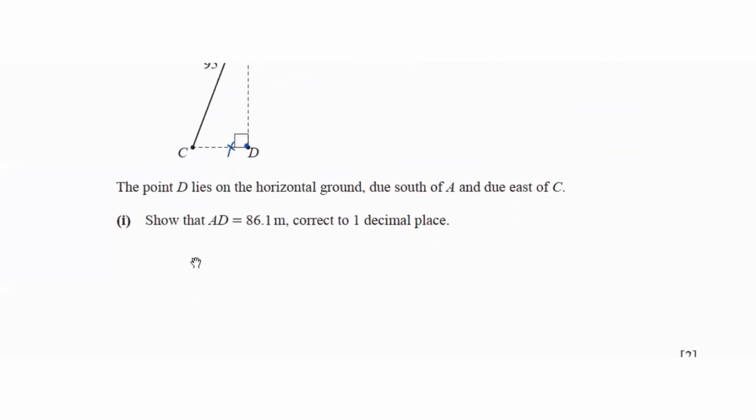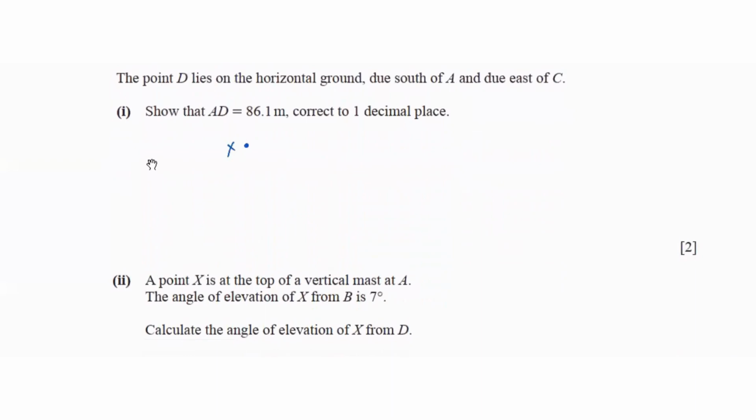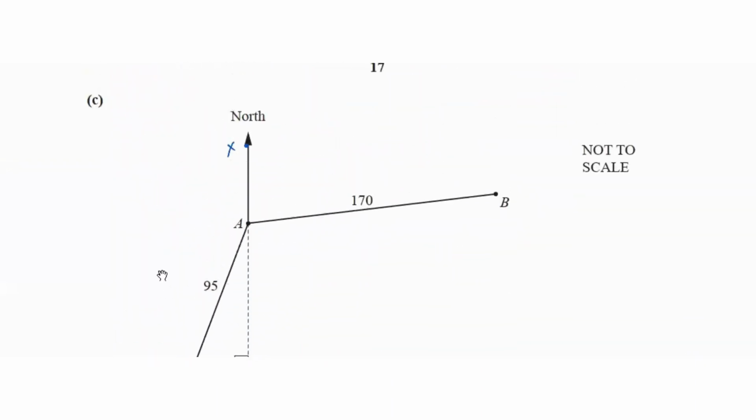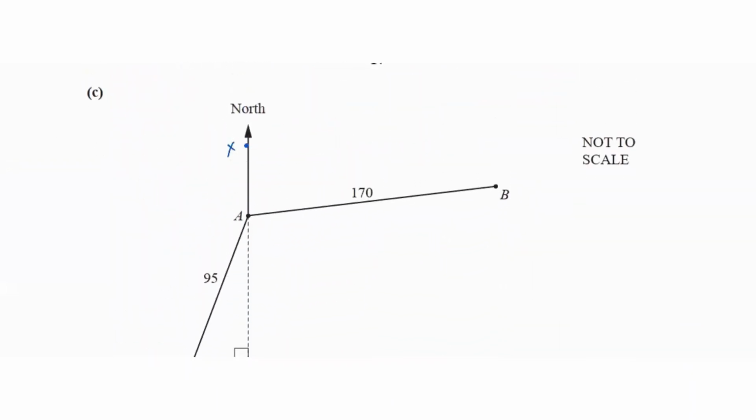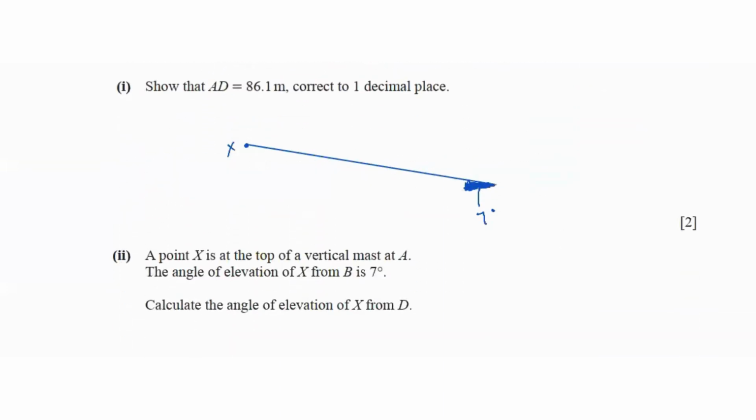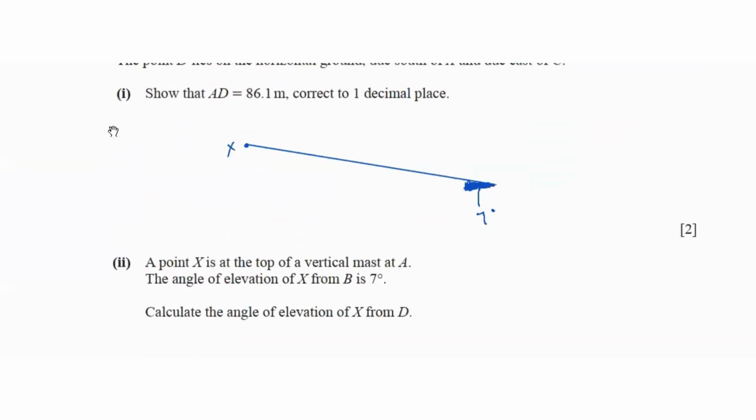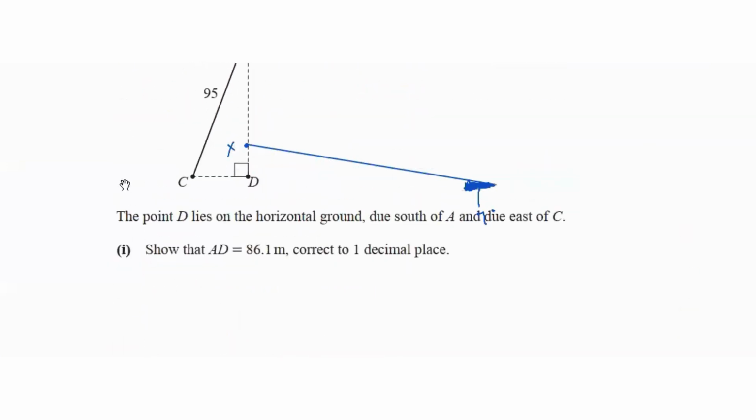And they're saying that the angle of elevation of X from B is 7, so this angle is 7 degrees. And then they're saying calculate the angle of elevation of X from D.